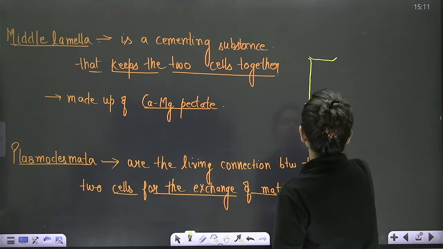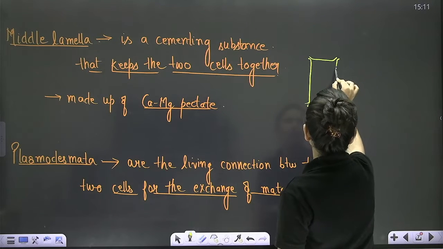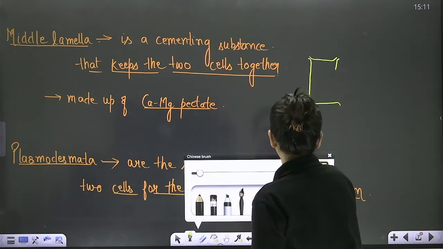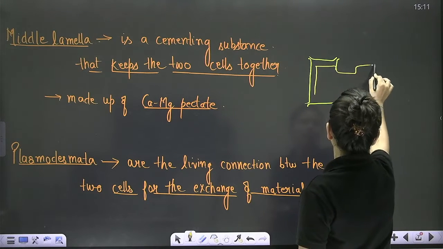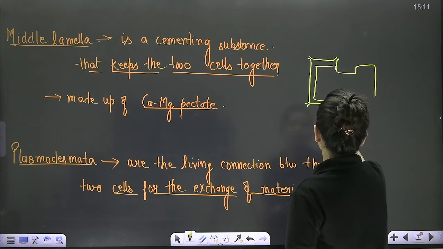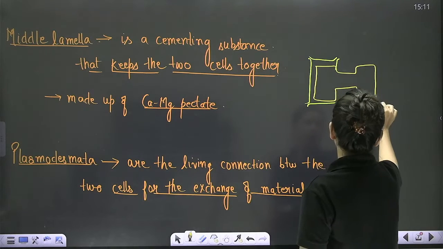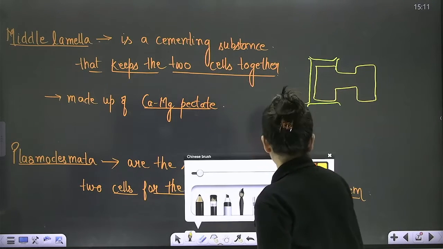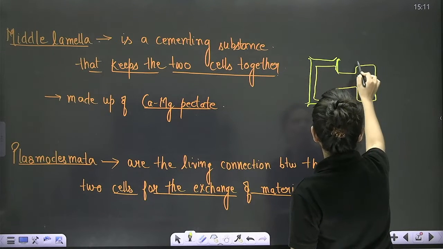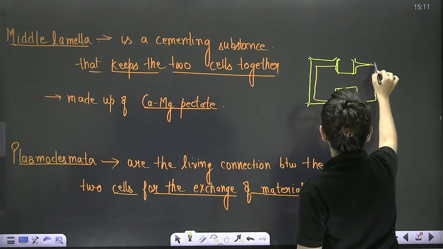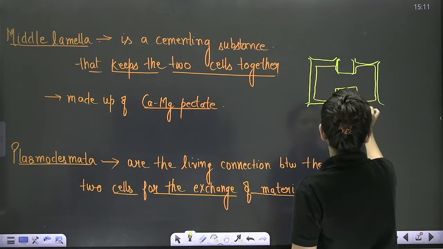Now this is my one plant cell, right? Now the plasma membranes are always connected, because to establish plasmodesmata we need to have connected plasma membranes. Now these are the plasma membranes connected, this is the cell wall, right?